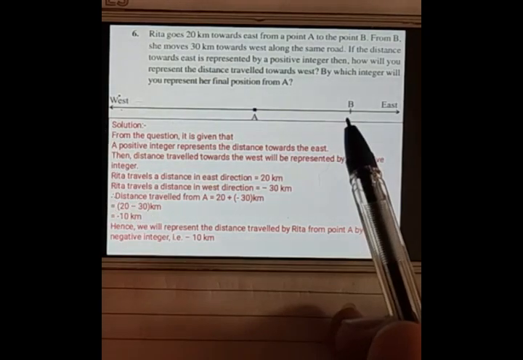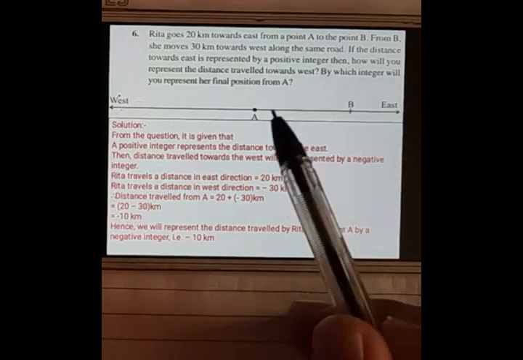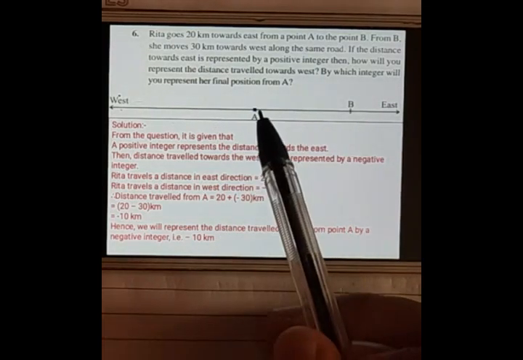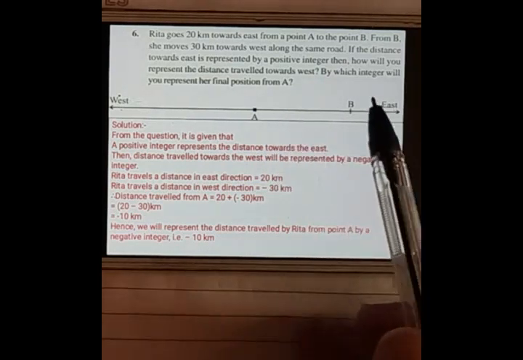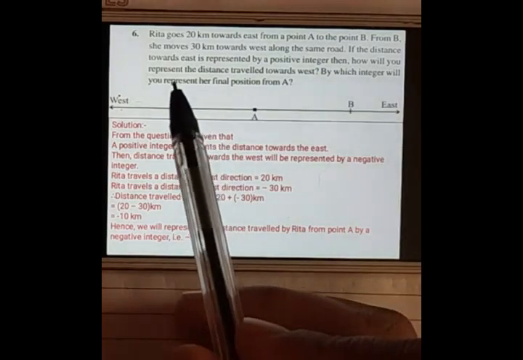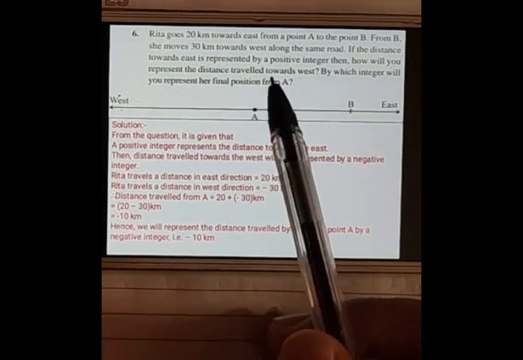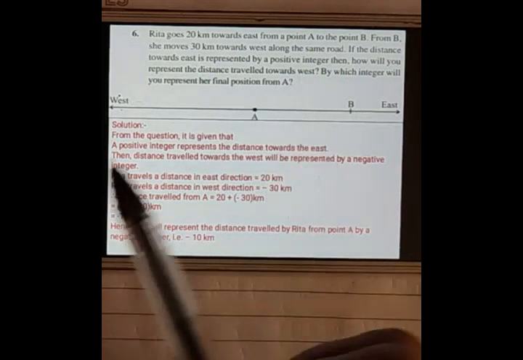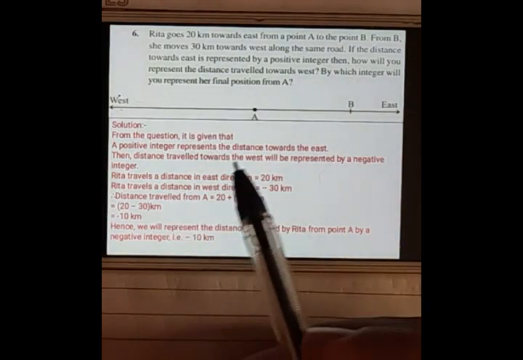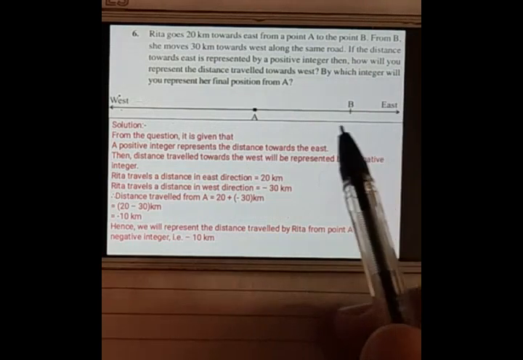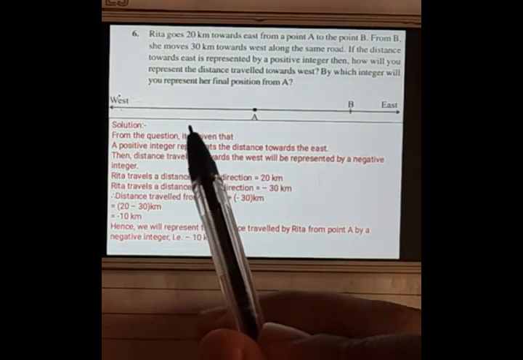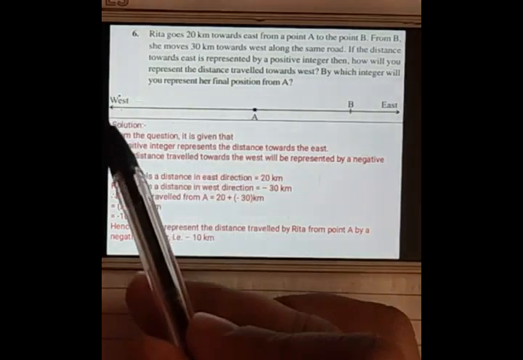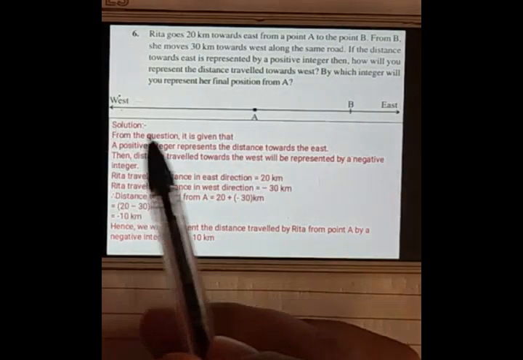If the distance toward east is represented by a positive integer, how will you represent the distance traveled by west? Of course it is simple, because east is positive, the opposite of east is west, and the opposite of positive is negative. So west will be represented by the negative integer.